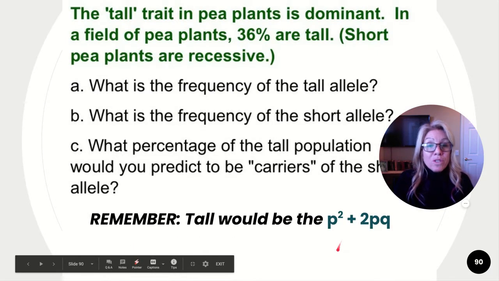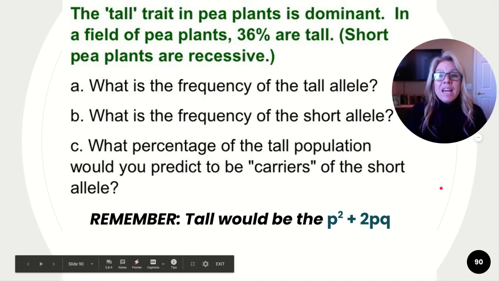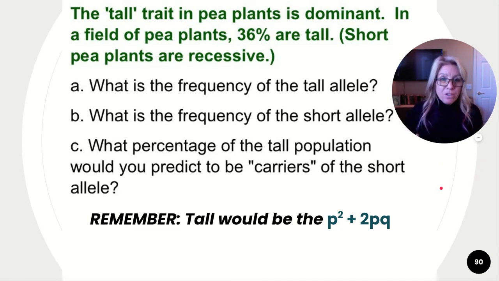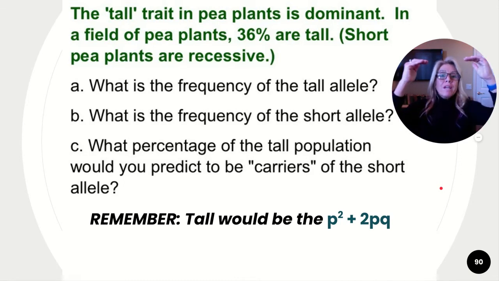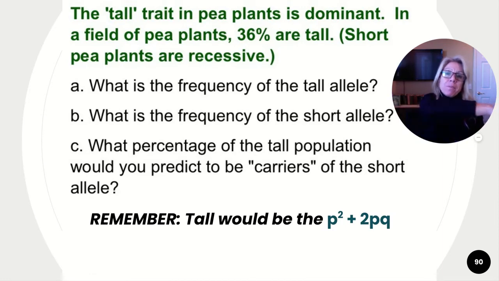All right, so now let's try it with another scenario, okay? If I was looking at pea plants, tall pea plants are dominant over short pea plants. So if I have a whole field, a population of pea plants, and 36% are tall, and being short is recessive, could I figure out my gene pool that it came from, right?